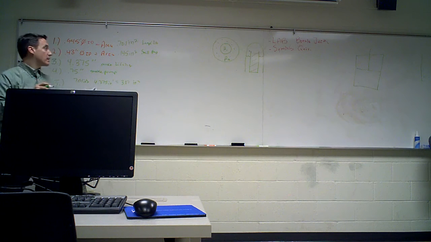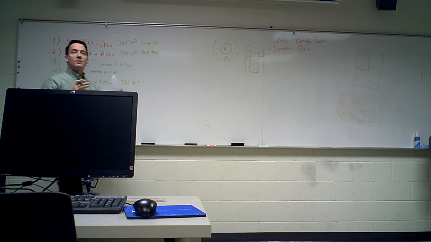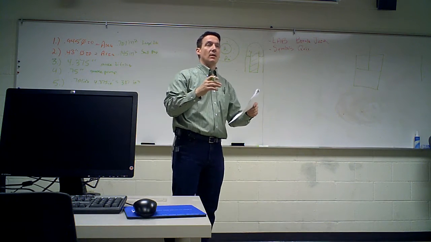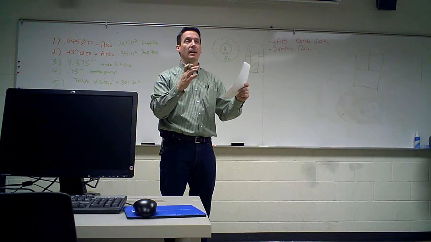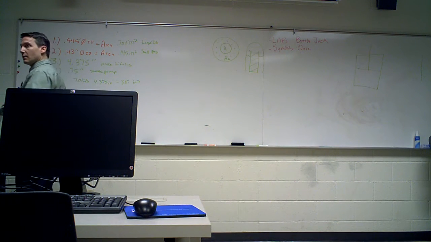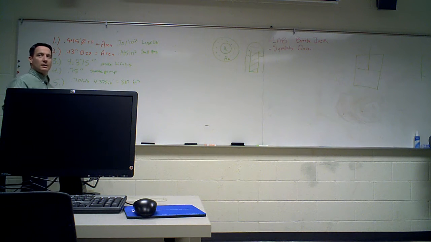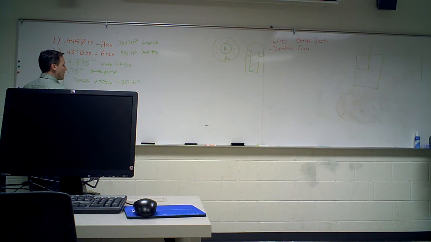So we agreed the two dimensions are what? The inside diameter of the housing is 1.75, so we square it and take the area of that. What do we get for that area? 2.41 inches squared. That's the housing ID.